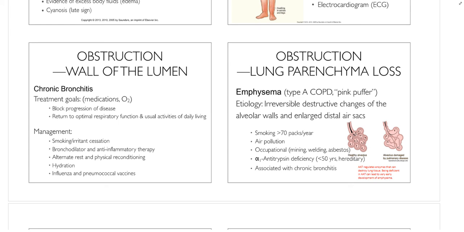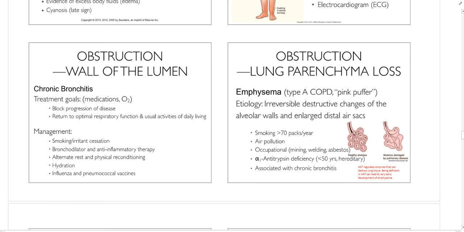Not having AAT will sort of allow these enzymes to destroy portions of lung tissue. So if we see someone who has emphysema at a very young age, and perhaps they don't even have an exposure history, then we're going to be thinking about checking to see if they have an alpha-1 antitrypsin deficiency, which is also passed down through hereditary means.